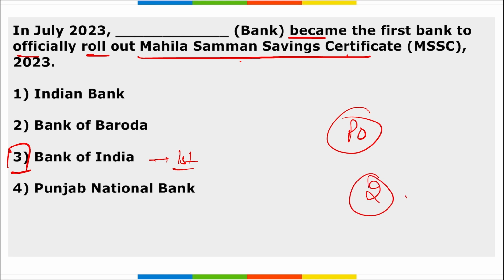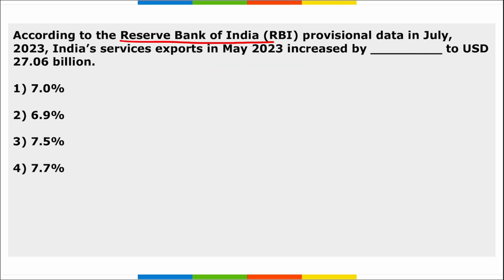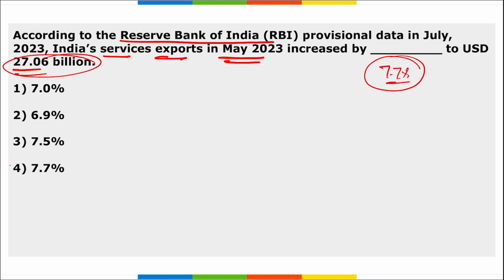It is a one-time small saving scheme that is backed by the central government and it is available for 2 years. Next, according to RBI provisional data in July, India's service export in May 2023 increased by 7.7% to $27.06 billion. So the correct option here becomes option 4th. Right? Here we see an increase in import of 2% to $15.5 billion.